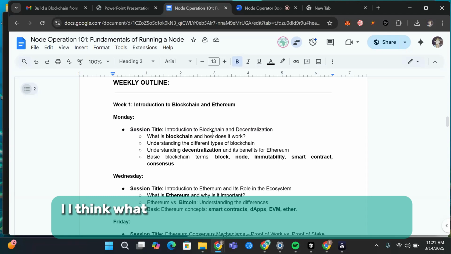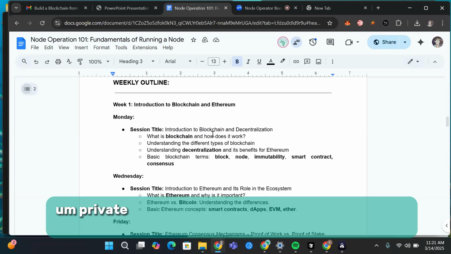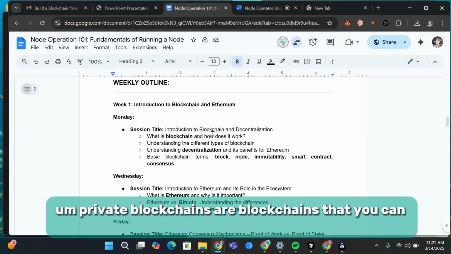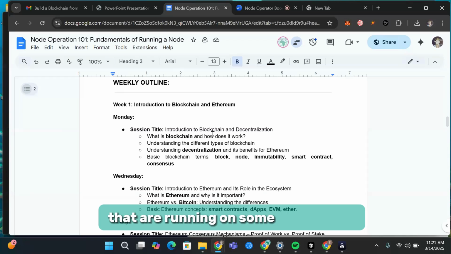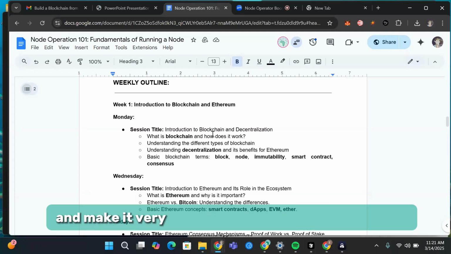I think what most of us are familiar with are public blockchains. I'm not 100% certain about this, but blockchains like Ethereum are public blockchains. Private blockchains are blockchains that you can see running in some enterprises. So we are going to demystify all of these concepts and make it very clear for everyone to understand.